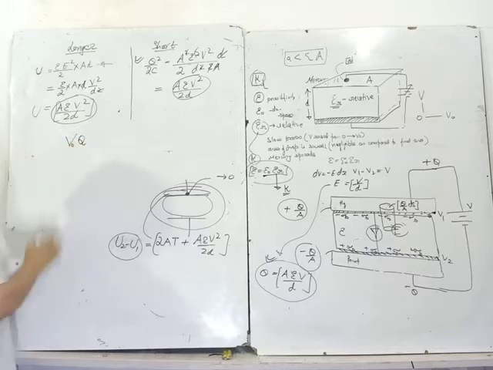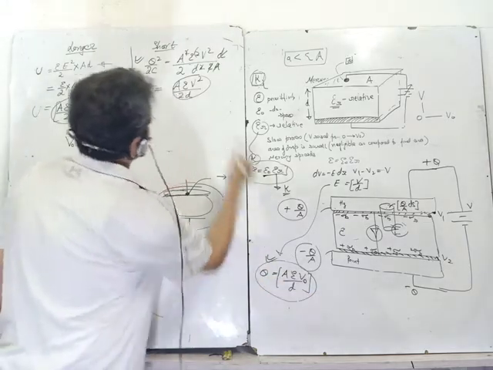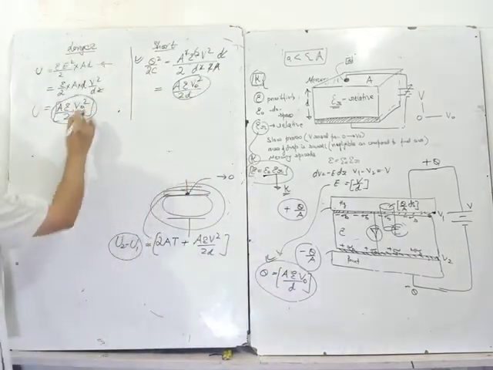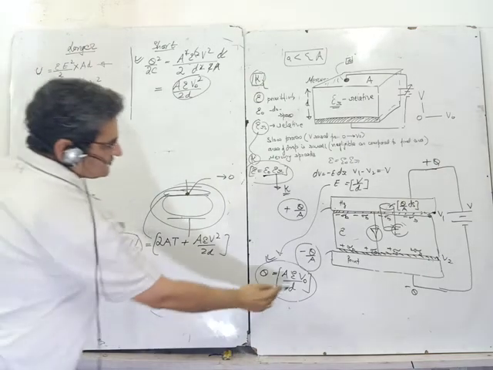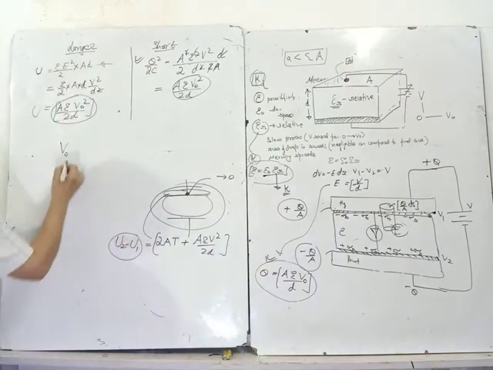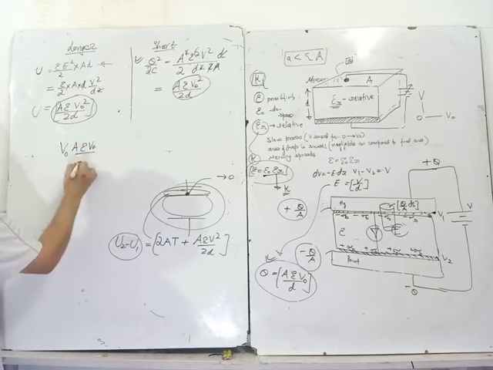And what is the value of Q? Everywhere I will now write V0, I have reached the voltage V0. So the energy supplied by the battery is V0 times Q, which is A epsilon V0 squared upon d.